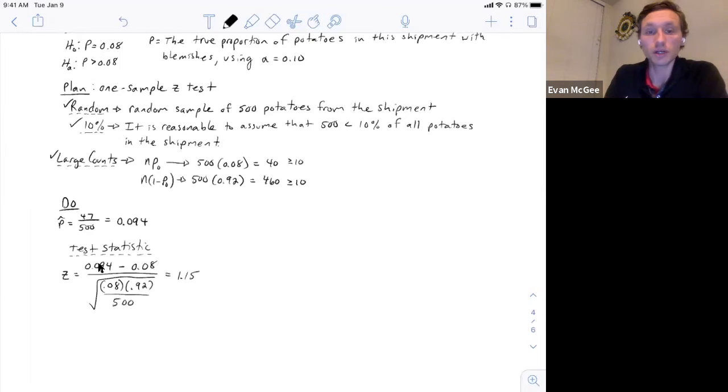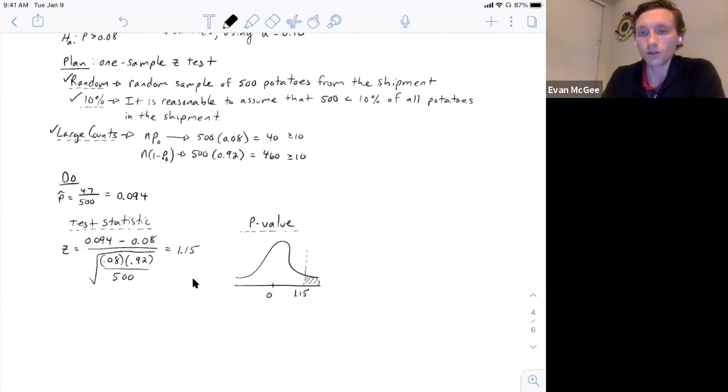So we use our statistic minus the null divided by the standard deviation of the statistic, assuming that the null is true, and we get a standardized test statistic of 1.15. So it's 1.15 standard deviations above the mean. And now we'll use this value to calculate the probability of that sample occurring, or the p-value of this test.